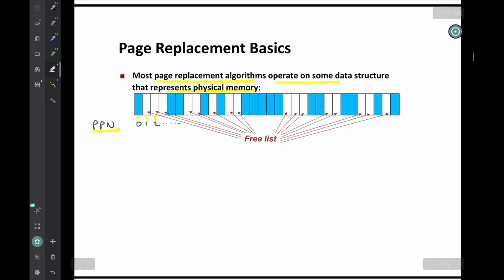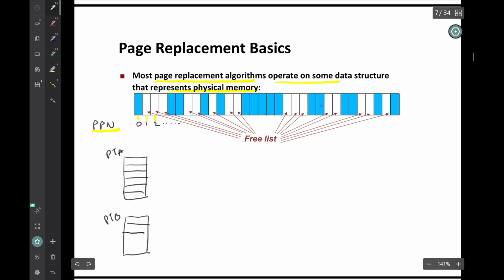Now how can we get this? Well, such a data structure you can create by going over all the page tables of different processes. So here we have our page table for process A, here's my page table for process B, and if you remember, in these page tables we had page table entries, and here are our valid bits.